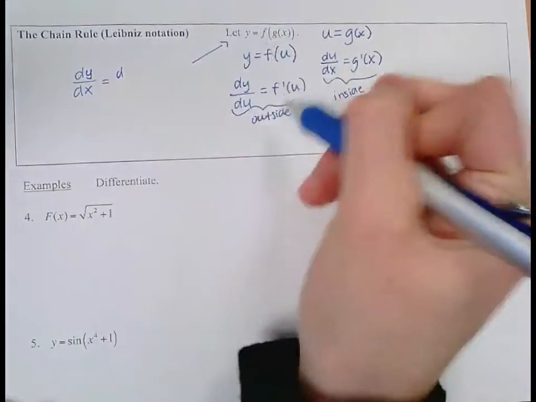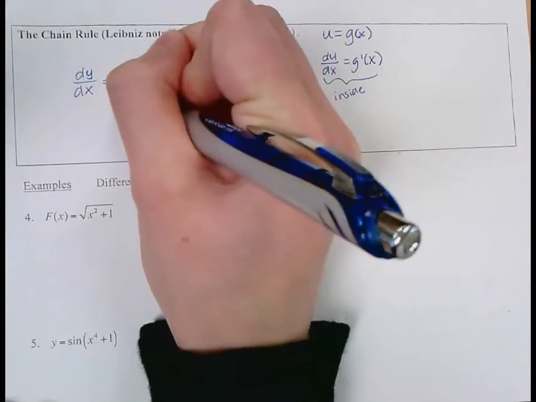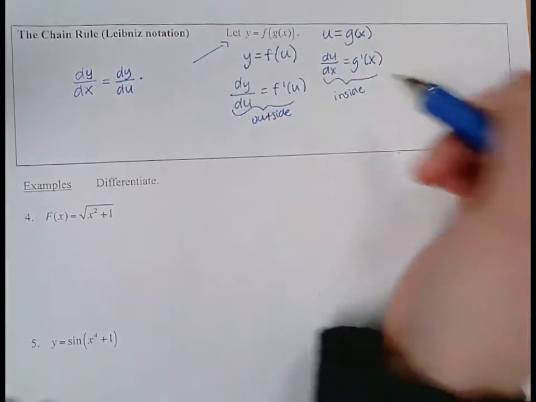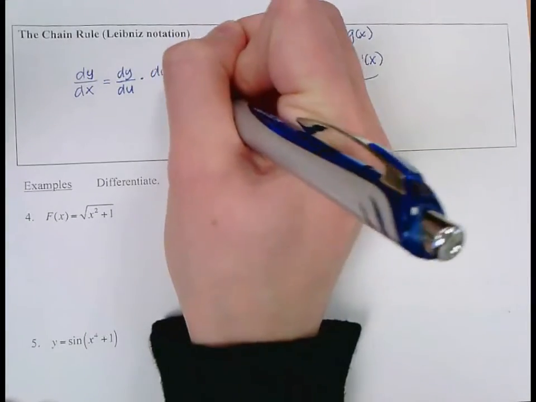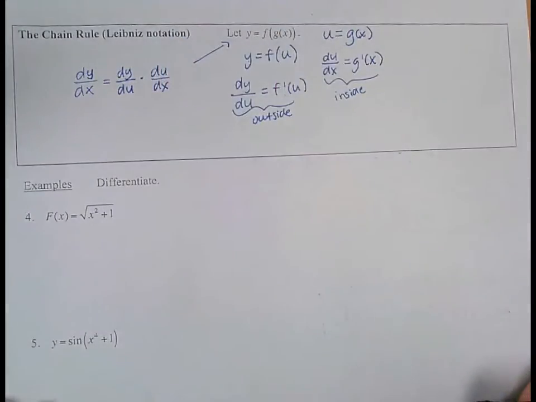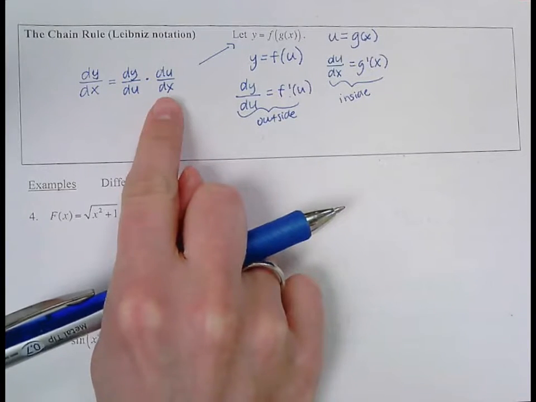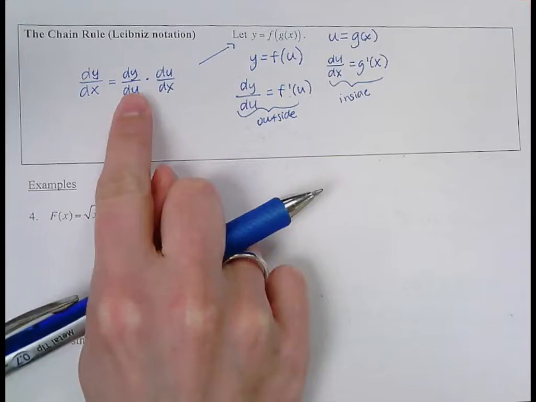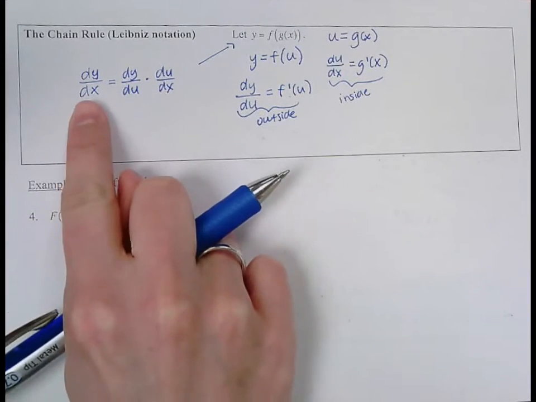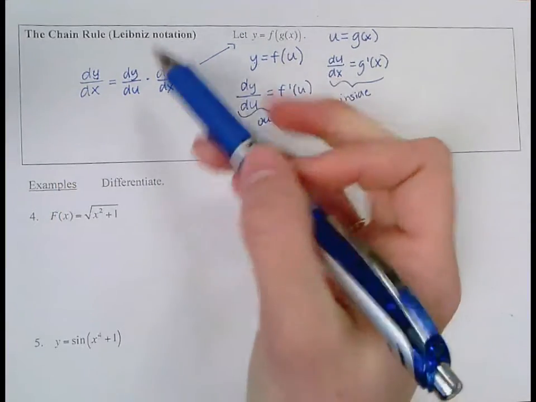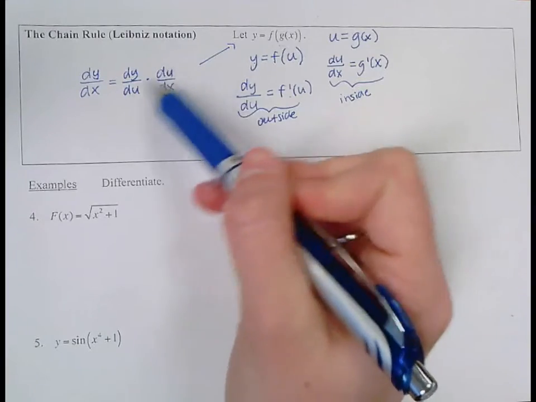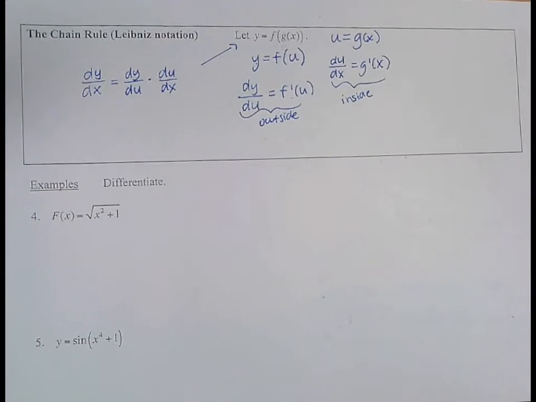So it would be outside is dy du times inside is du dx. If you just glance at that, hopefully it makes sense why the derivative of the outside times the inside equals dy dx. If you think of these as fractions cross-canceling, you would get dy dx.